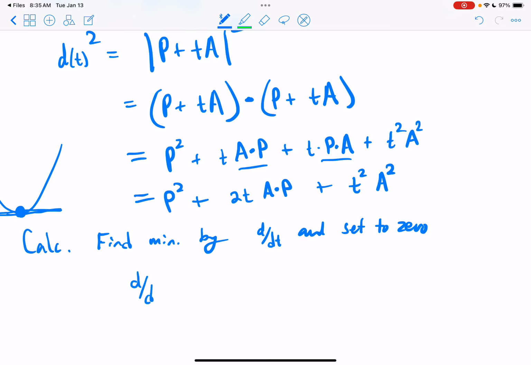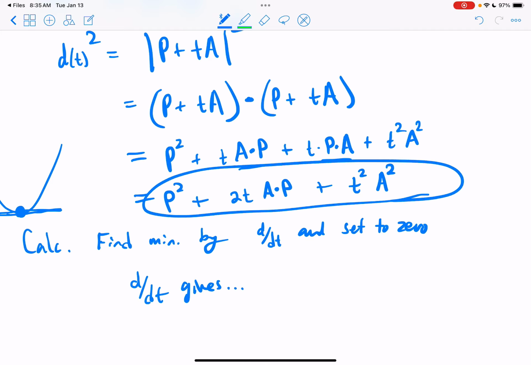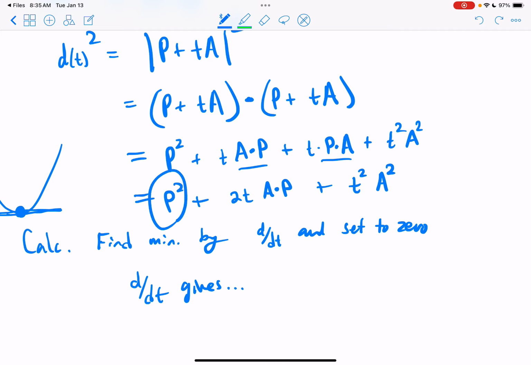So I'm taking d dt of this whole thing. D dt of p squared is 0. D dt of this is twice a dot p. And d dt of this is 2t a squared. A squared is like a number, like 5, so it just hangs out when you take the derivative. And I'm asking, when is that 0?